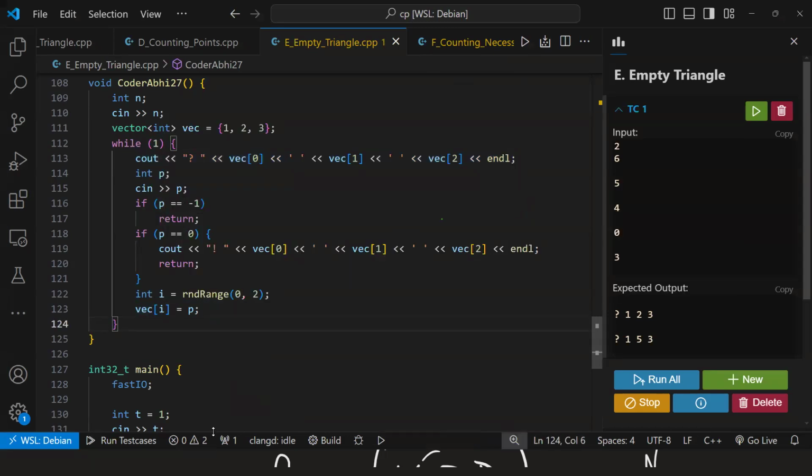I hope this is clear to you. Any more doubts in this?